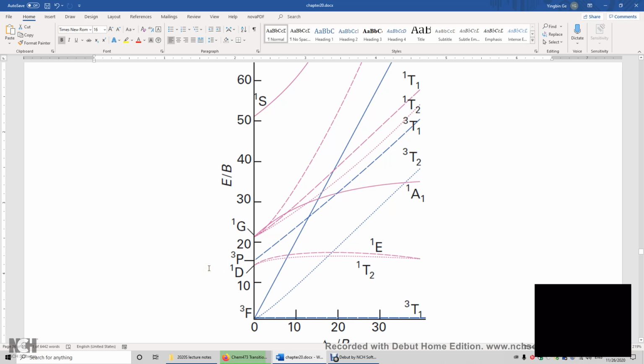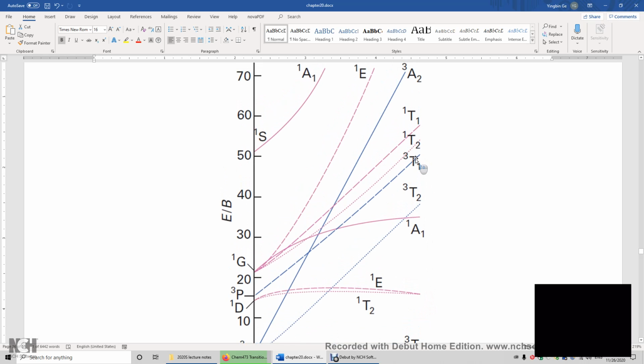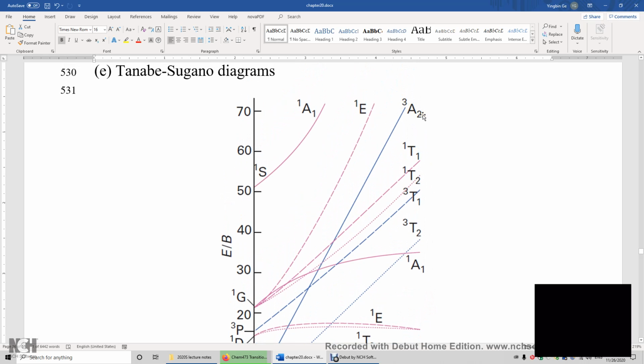Now if you put this ion in an octahedral environment, we'll have to take delta O into account. Delta O is the crystal field splitting. And when delta O is large, we'll see this 3F splits into 3T1, 3T2, and 3A2.